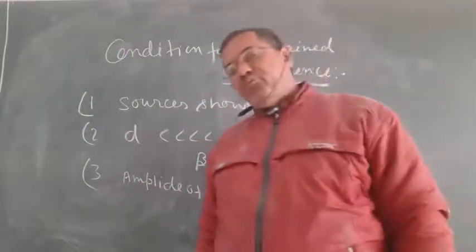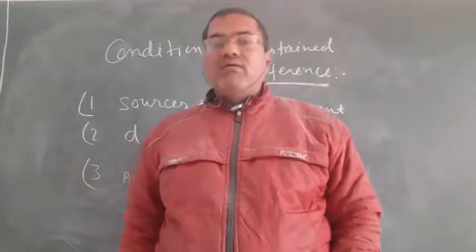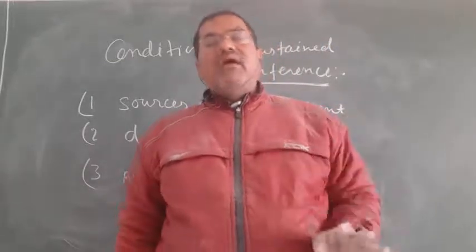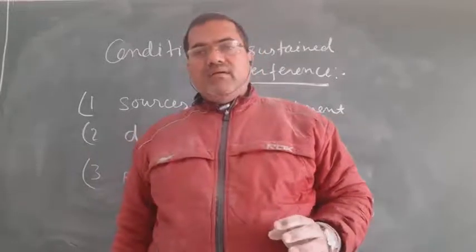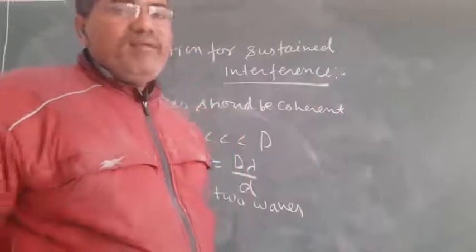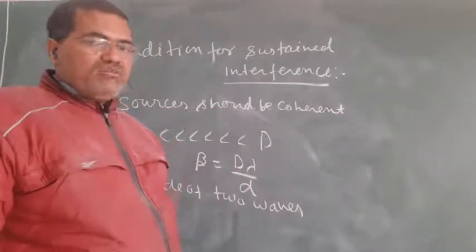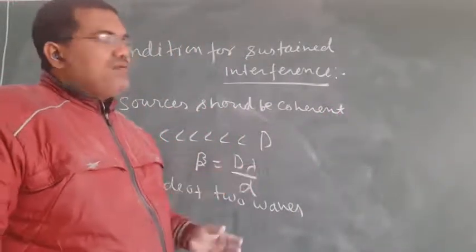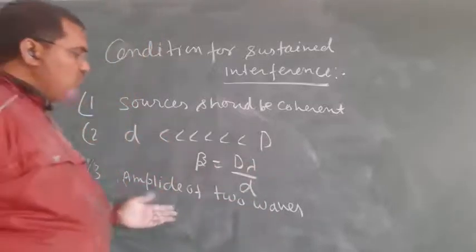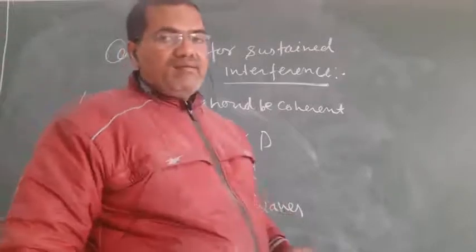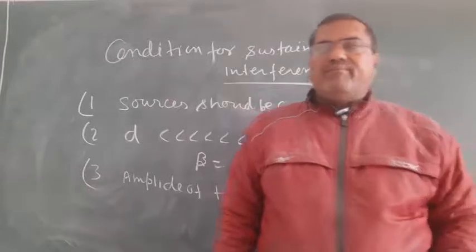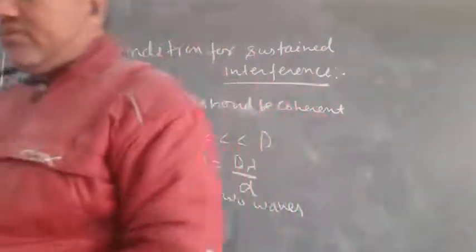If the amplitudes of the two waves are the same, then maximum intensity will be obtained, that is 4I, and minimum intensity will be 0, that is, there is more contrast between maxima and minima, so the interference pattern obtained on the screen looks good. So the amplitude of the two waves which are interfering must be the same or nearly the same for good contrast. So this is the third point.